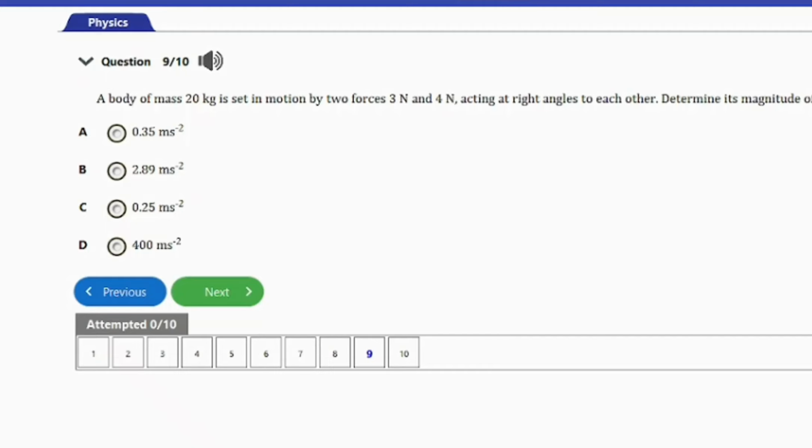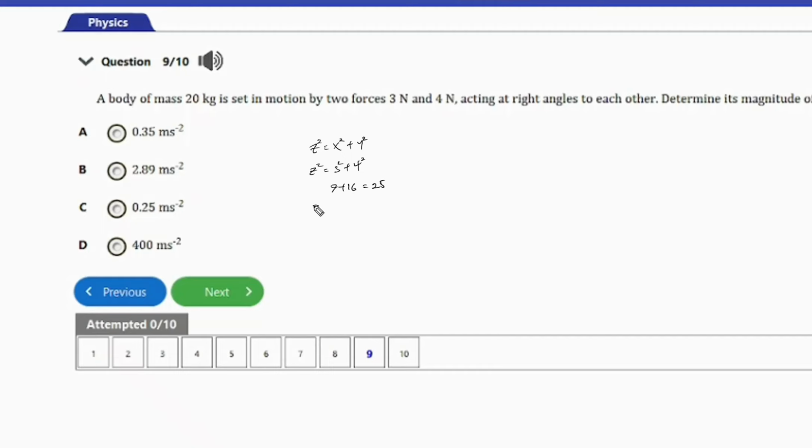So guys, for this, first of all, we are going to get the resultant force, and that will be z squared is equal to x squared plus y squared. So in that case, z squared is equal to 3 squared plus 4 squared, and that's 9 plus 16, and that's 25.